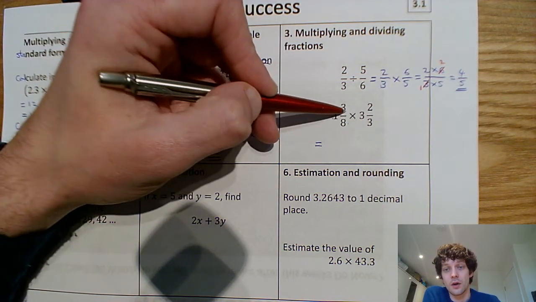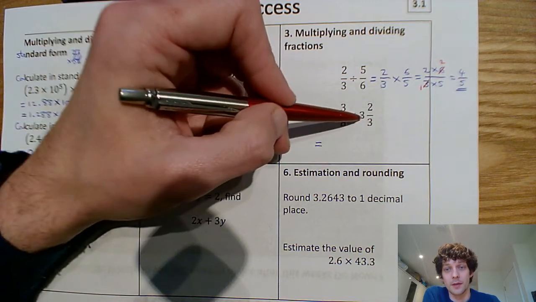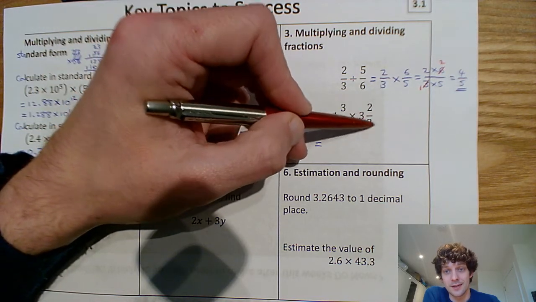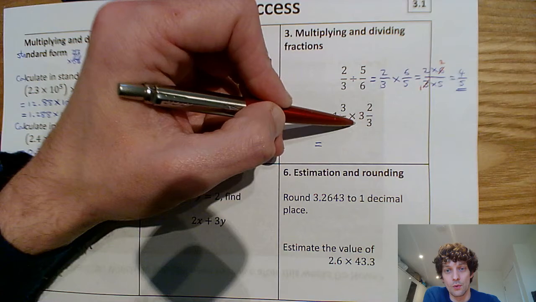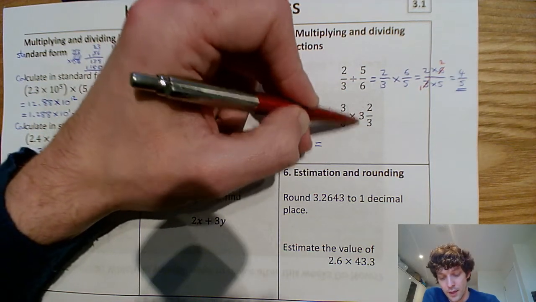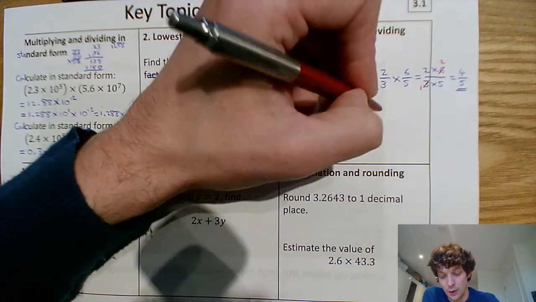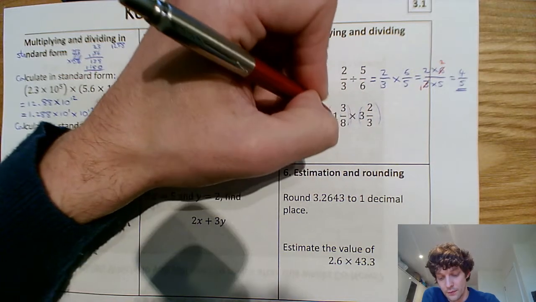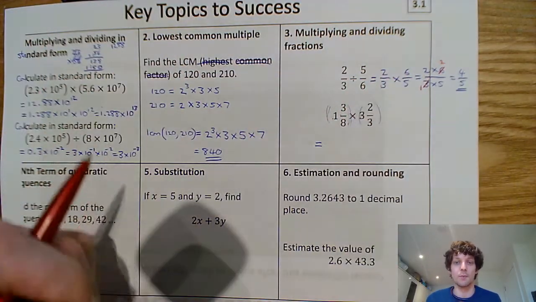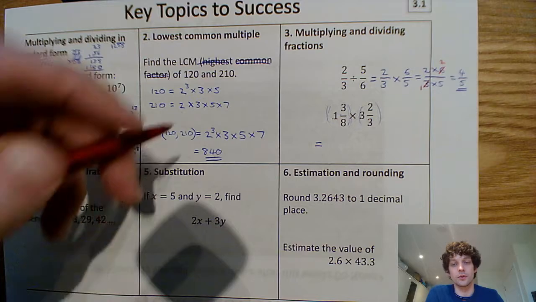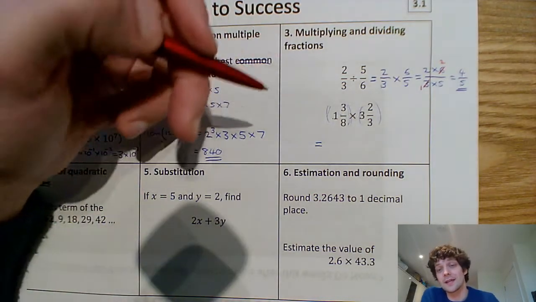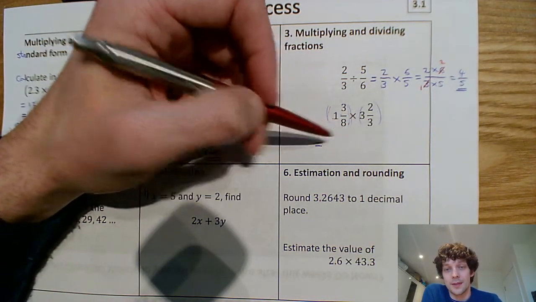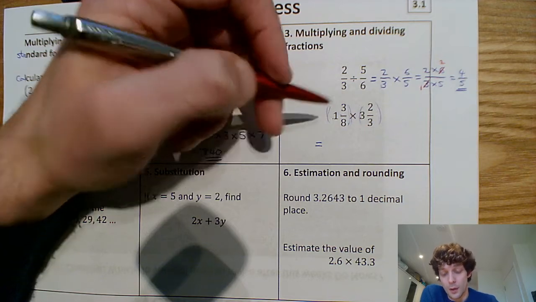That means that I can't just start multiplying these together, because actually this addition takes precedence over this multiplication. So there are imaginary brackets around here, where we've got (1 plus 3/8) times (3 plus 2/3). The easiest way to deal with that is to convert them to improper fractions.